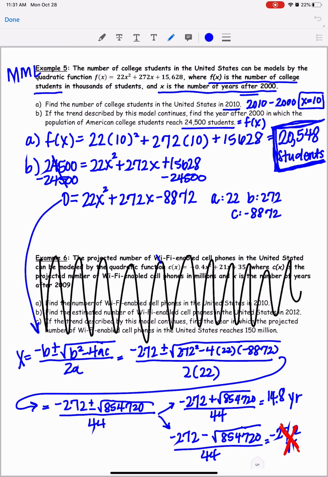So let's just go ahead and round that to 15 years. Okay, about 15 years. And because my years is after 2000, that means we need to do 2000 plus 15 to say that it is about 2015.